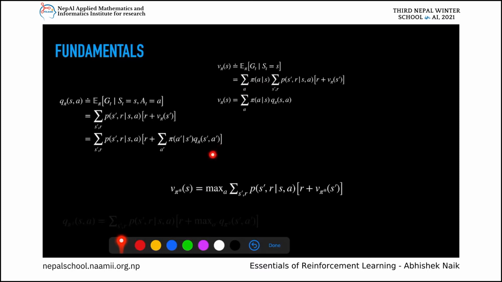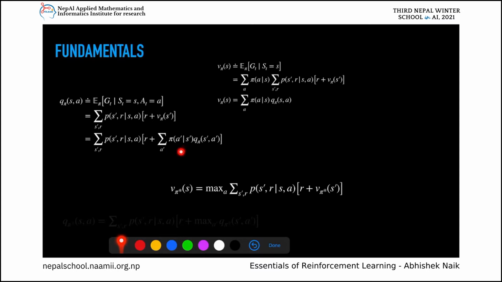So with that intuition, can you do the same for this guy? Since we are looking at the optimal policy, would there be a sum over all possible actions, or would there be one optimal action? As pointed out in the chat, is the optimal policy following the greedy approach? Yes, that's exactly right.